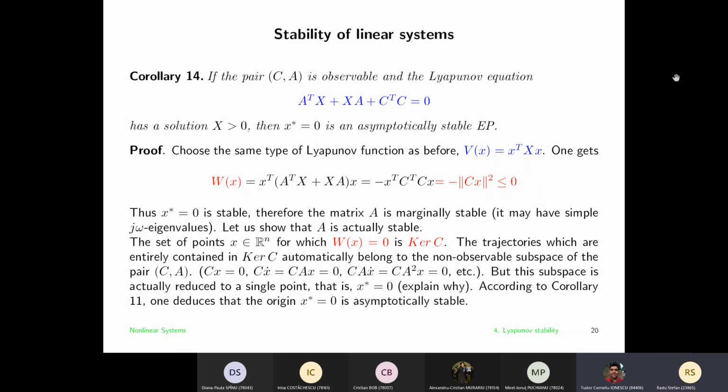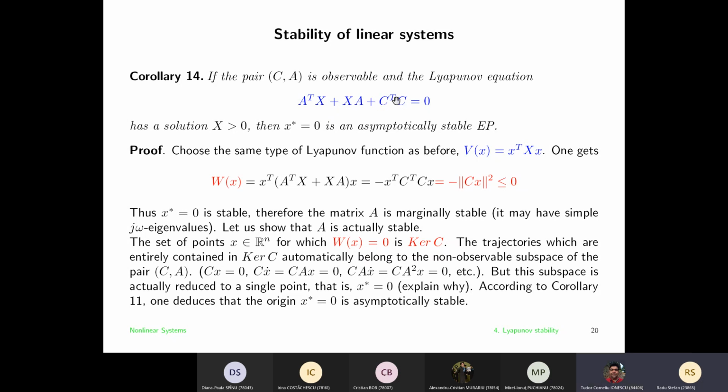I'm kidding. Now, if we take the same Lyapunov equation, but instead of Q we take a product of the form C transpose C, where C is a matrix of appropriate dimension. But C is not a square matrix here.